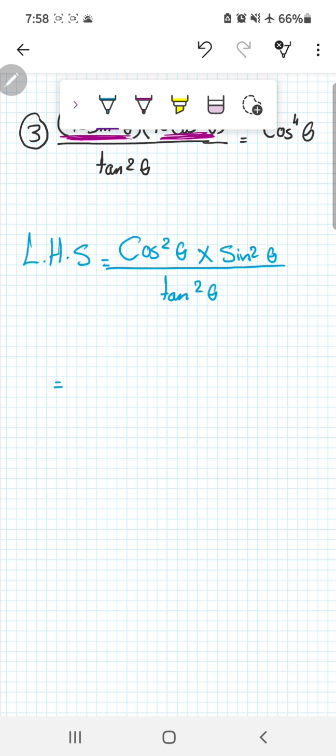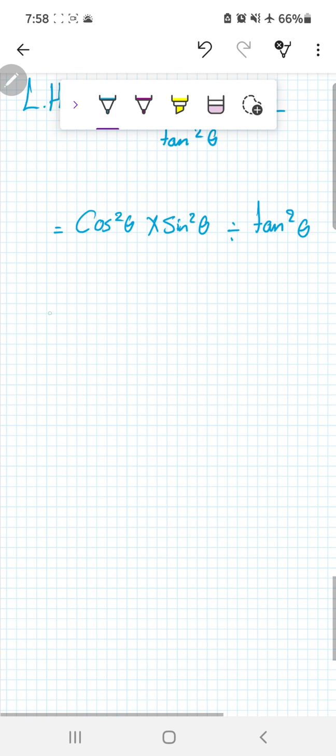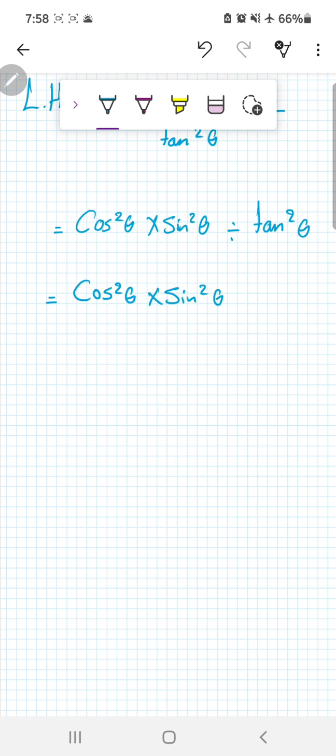To make it easy, cosine power 2 theta times sine power 2 theta divided by tan power 2 theta. What about removing tan and writing sine over cosine? So we have cosine power 2 theta times sine power 2 theta divided by sine over cosine.